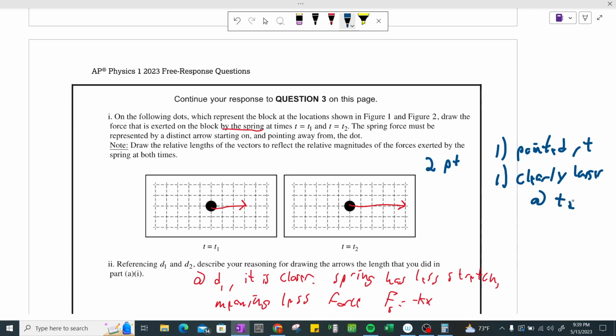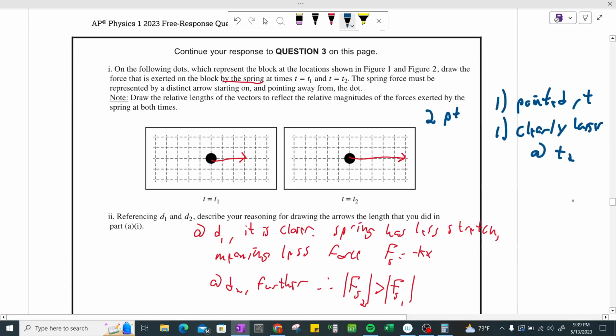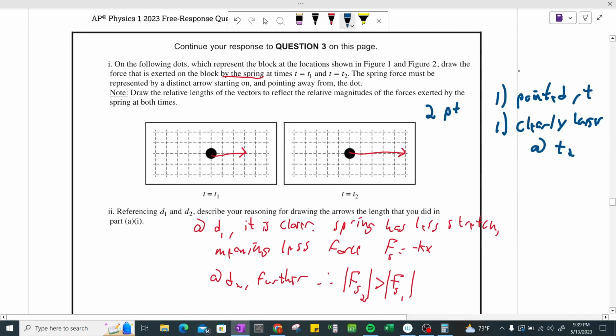They could add a third point about having no unnecessary vectors. But I think in that first one, they'll probably say 1 vector pointed right, so that would cover all those pieces at once. Each one should only have 1 vector, and the right one should have a larger vector than the left one.